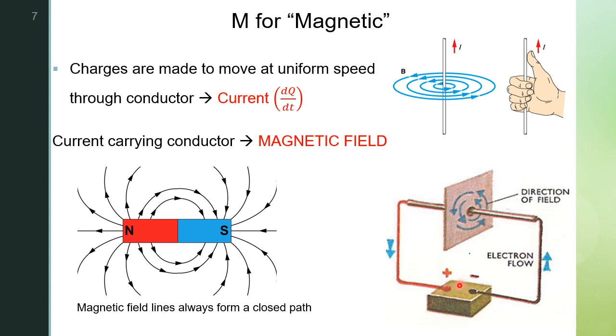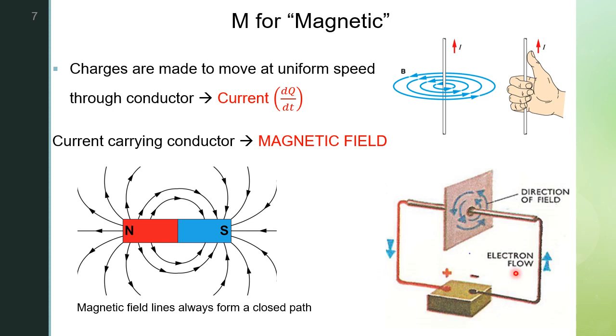Due to the current flow from the positive to the negative of the battery, we have a magnetic field around the conductor. And now when you consider the direction of electron flow, it will be flowing from negative to positive because the current always flows in the direction of positive charge. So the electron flow will be in the opposite direction, from negative to positive.